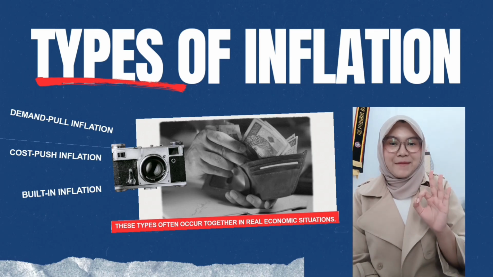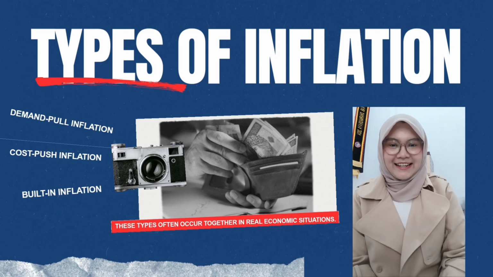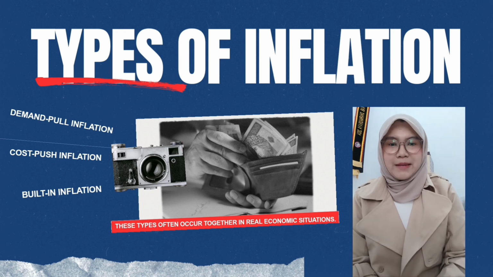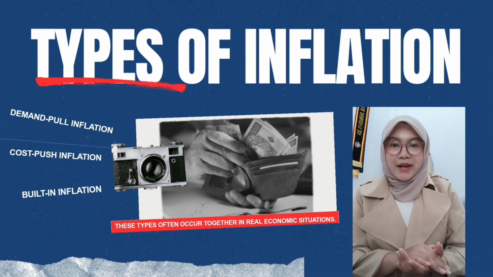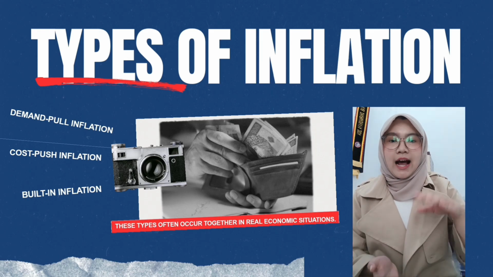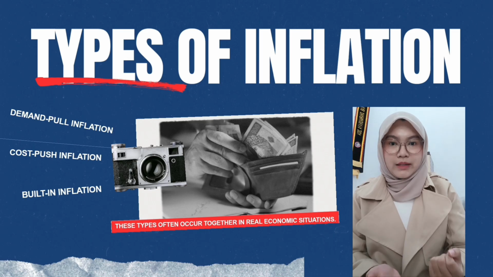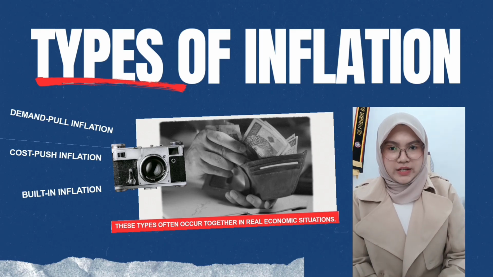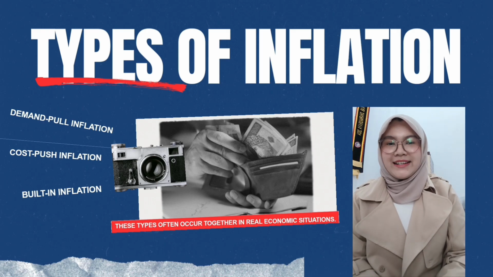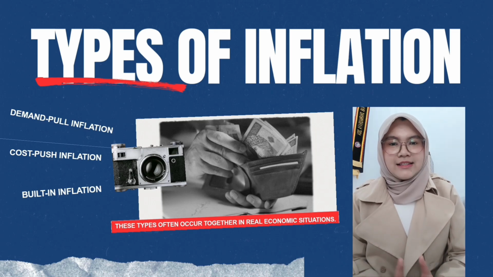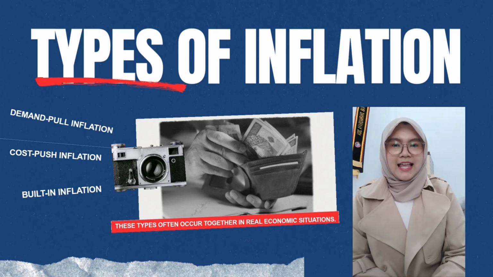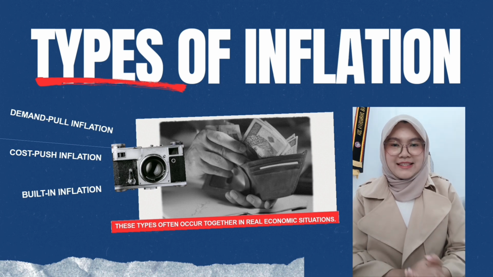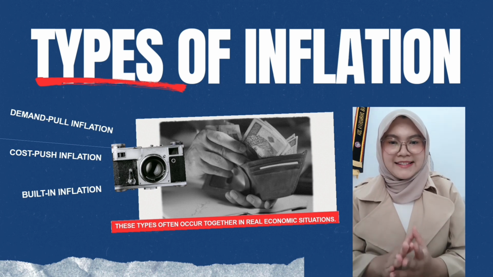Basically, there are three main types of inflation. The first one is demand-pull inflation, which occurs when the demand for goods and services is higher than the available supply, causing prices to rise. Second, there is cost-push inflation. This happens when the cost of production, such as wages or raw materials, increases, forcing businesses to raise prices.